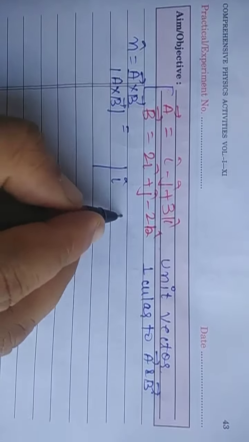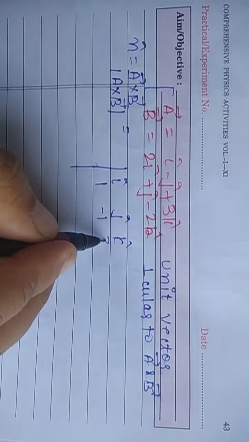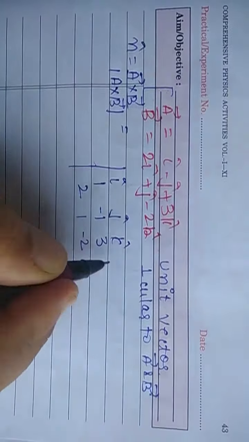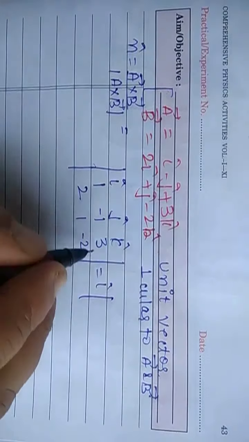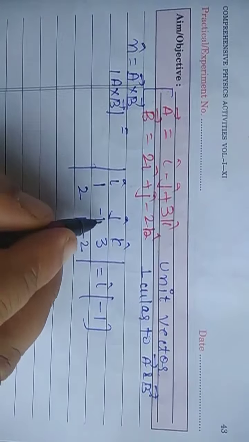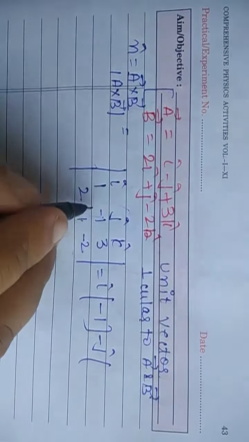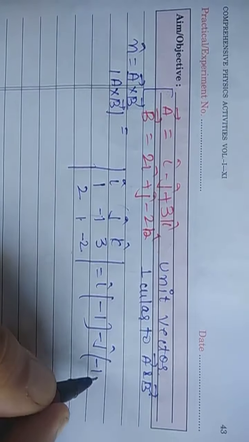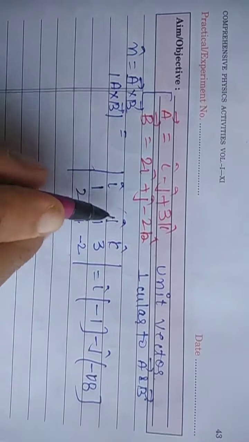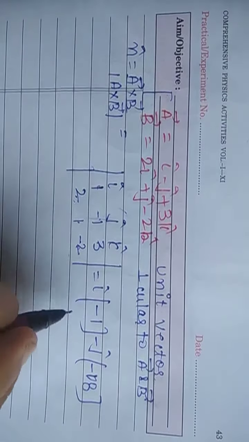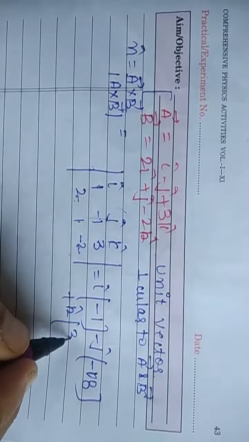You know that i cap, j cap, and then k cap. So you will write 1 minus 1 3. Here I will write 2 1 minus 2. Okay, so let us solve. So i cap, it will be 2 minus 3, minus 1, j cap minus, minus 2 minus 6, minus 8, plus k cap, 1 plus 2, 3.